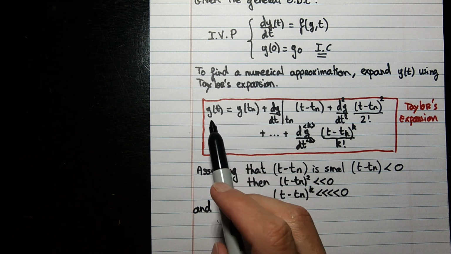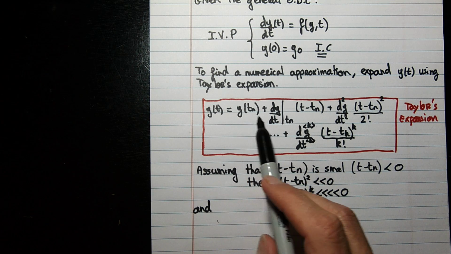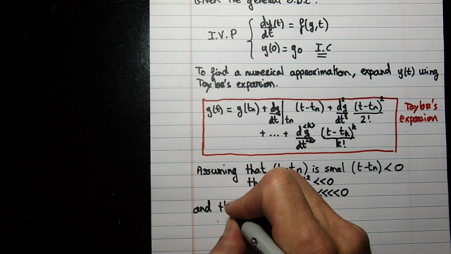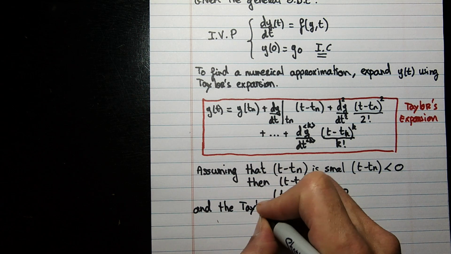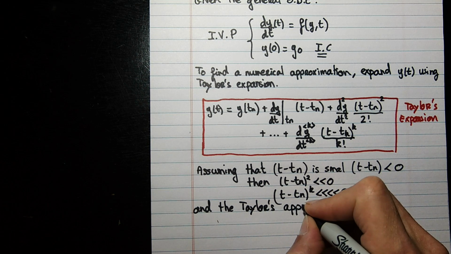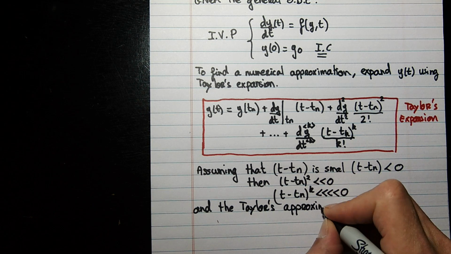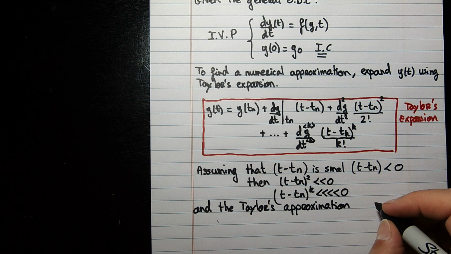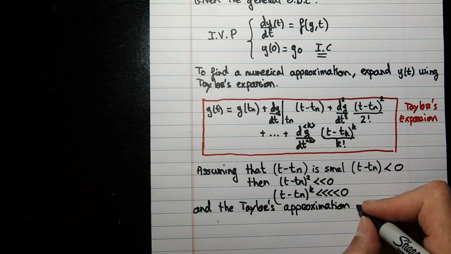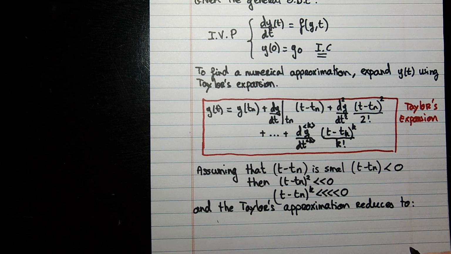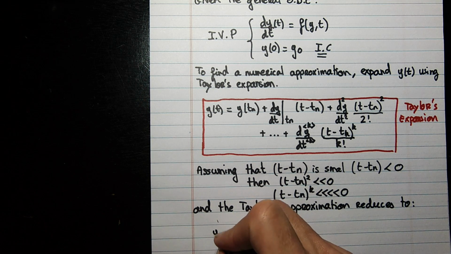the Taylor expansion will reduce to what? This term and this term only, and the Taylor's approximation reduces to what? So we're going to have y of t.